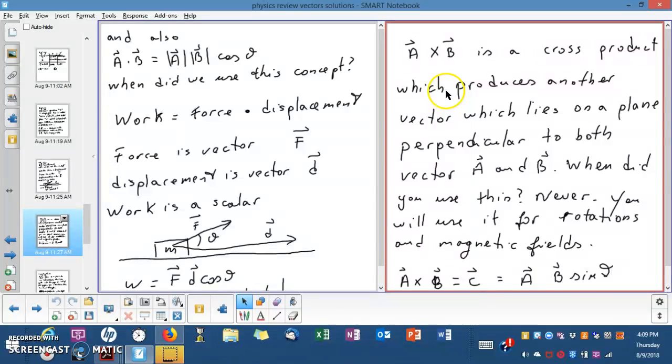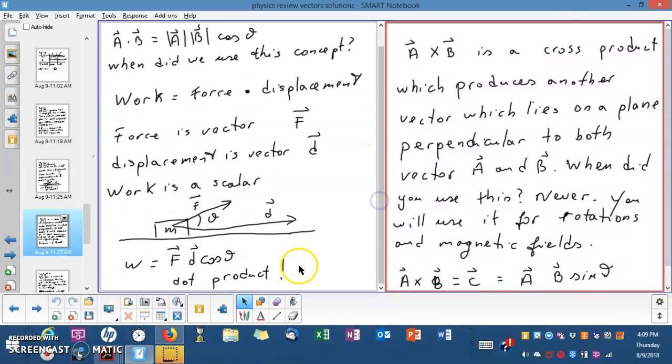Now, what happens instead when you do the cross product? Well, you're basically having one more vector, which has a direction perpendicular to the plane on which A and B lie.